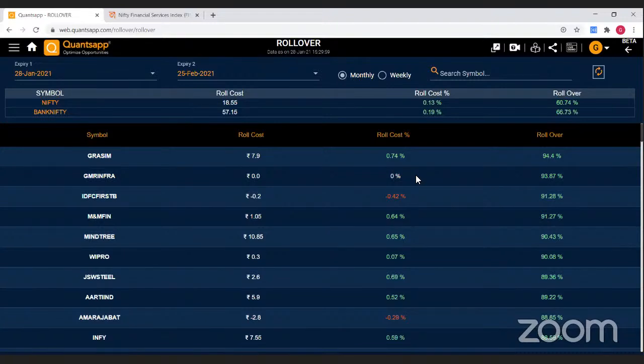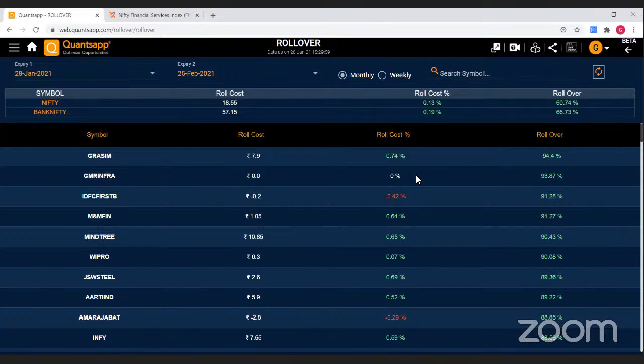So rollover cost, the amount, is like insurance, where maybe you also pay a renewal cost in the same terms. You are paying a roll cost for rolling your January to February. So the difference of the next expiry's futures price and the current expiry's futures price will be the rollover cost. It can be positive or negative.